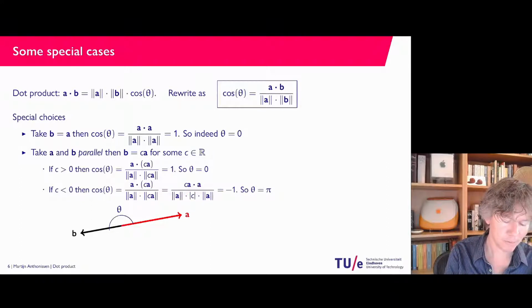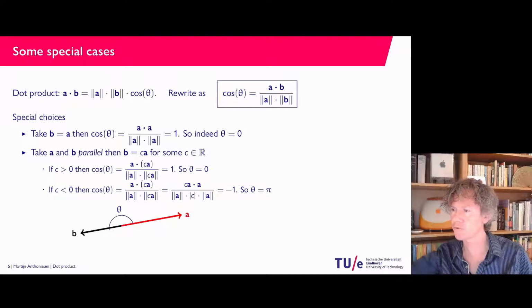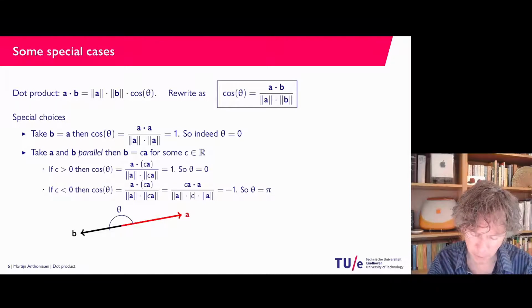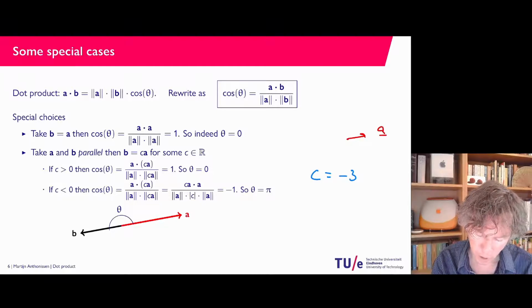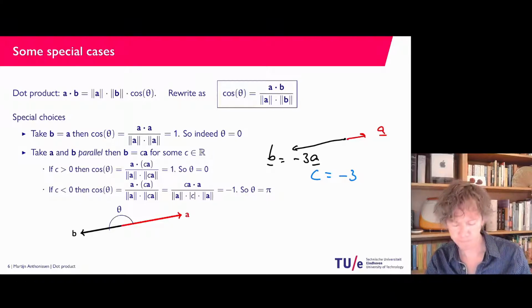So just maybe to make that a little bit more clear, you could think of the situation, just as an example, that we take C equal to minus 3. So it means that we have a vector A, and we have a vector B, which equals minus 3 times A. So it points in the opposite direction.